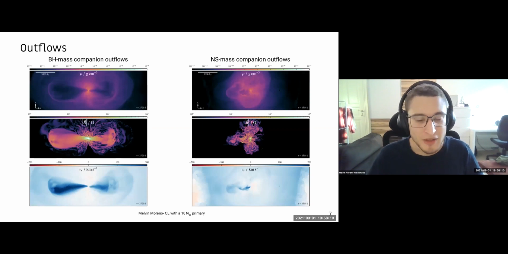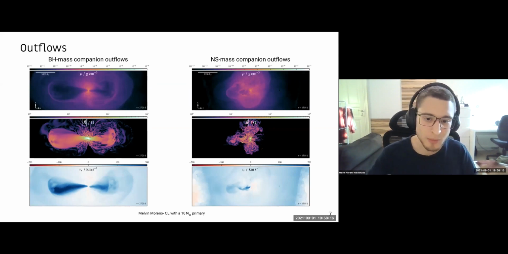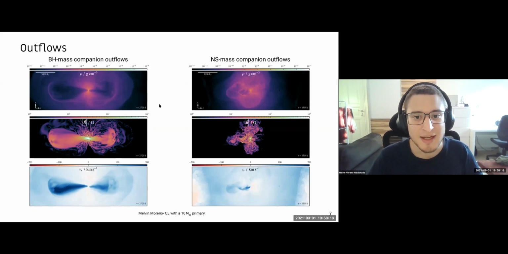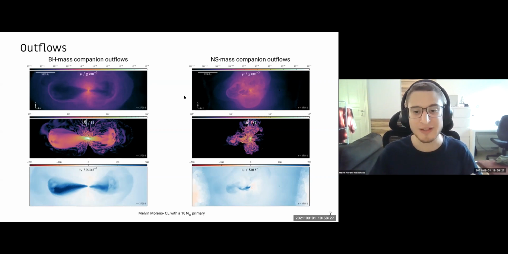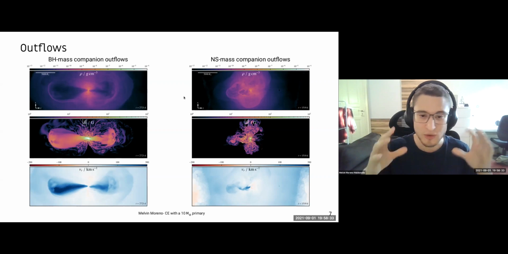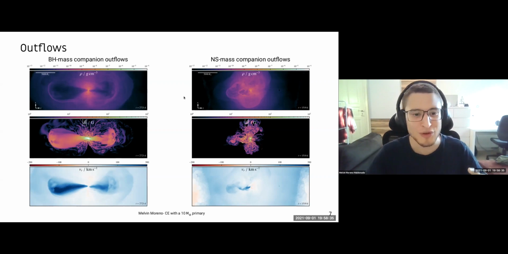And finally, another interesting thing that we found in these simulations are these magnetically driven outflows that Friedrich Röpke talked about yesterday. I have not looked into much detail into these features, but I can say that they are very different in shape, of course. On the left, you see the black hole, the jet, oh, sorry, maybe not jets, but outflows, as I should say.